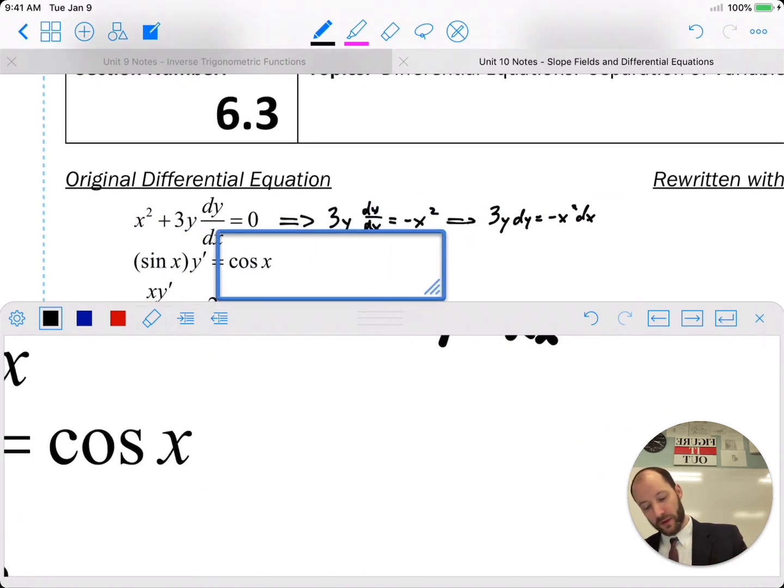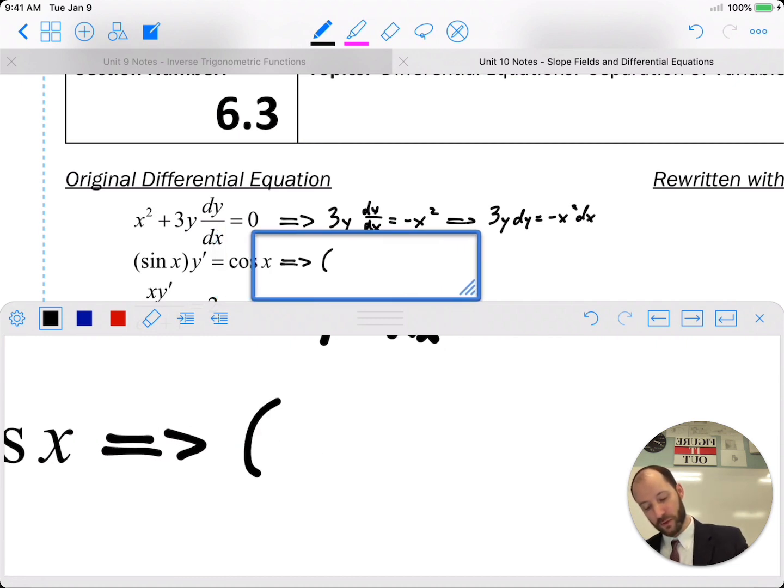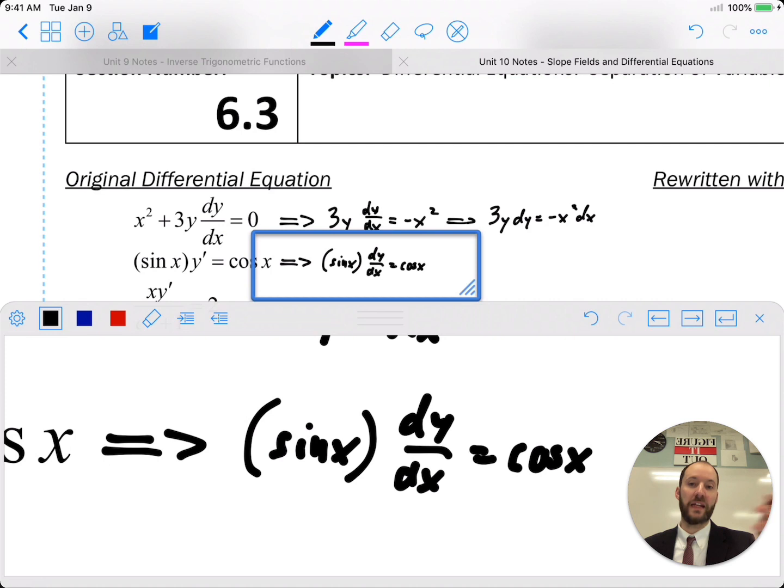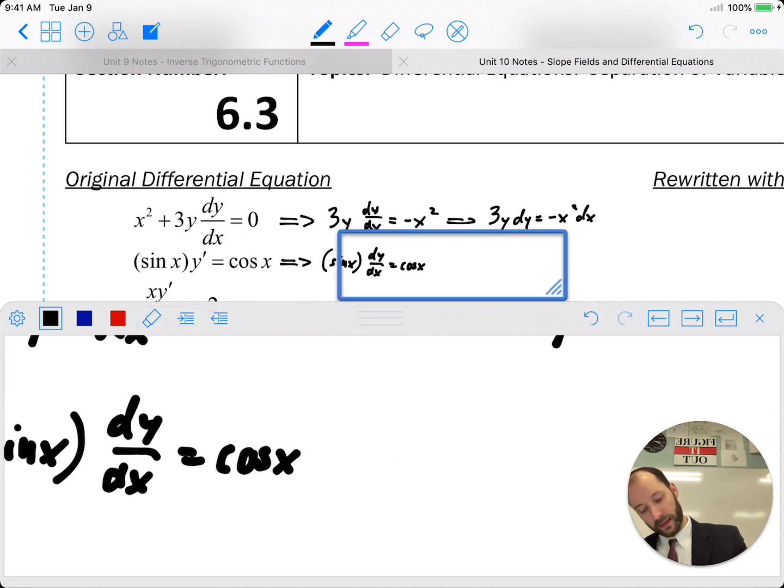Y prime, remember y prime represents the derivative, represents slope. So y prime you can replace with dy dx. And then we're going to go ahead and separate the variables to get the x's all together with the dx's. That was kind of a whole word salad right there.